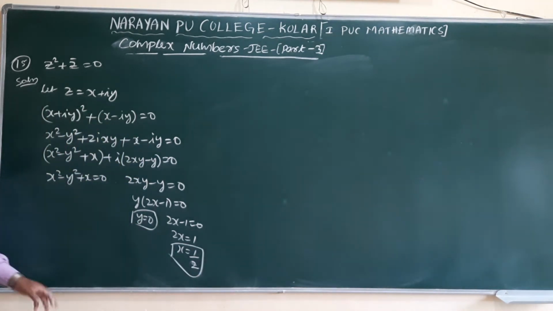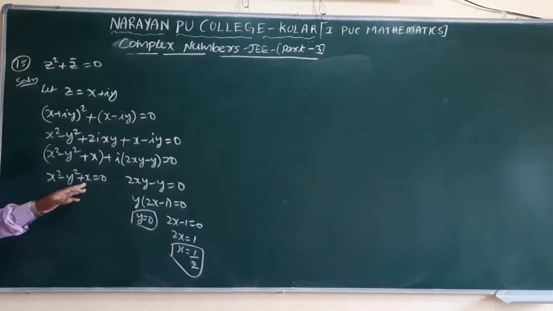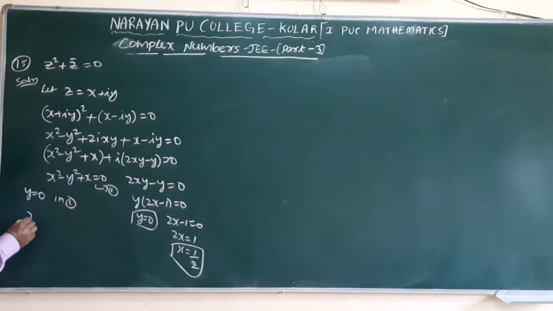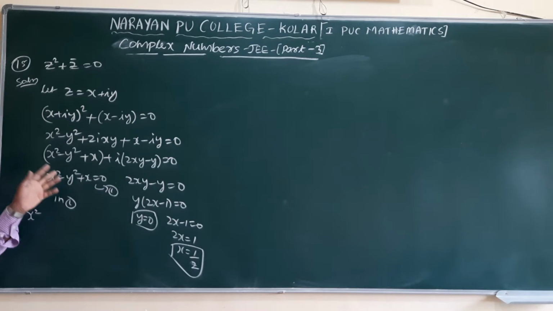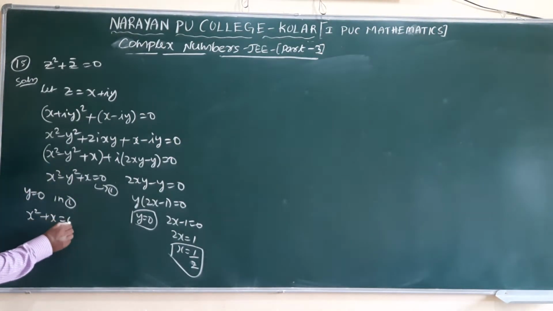Here x square minus y square plus x is equal to 0, which we take as equation number 1. First put y is equal to 0 in equation 1. We get x square plus x is equal to 0.